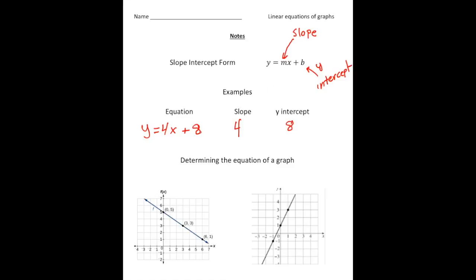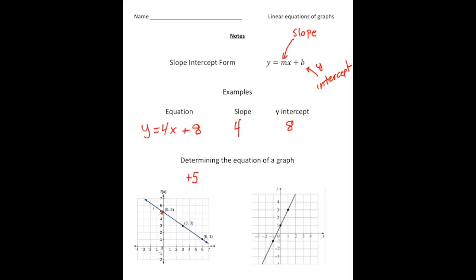All right. So let's take a look at these two graphs here, and let's see if we can write the equation in slope-intercept form. So first of all, here's the y-axis, and notice that the line goes through the axis right at 5. So we know that that b value is going to be positive 5. So now we need to get the slope. Now remember, slope is the rise over the run.